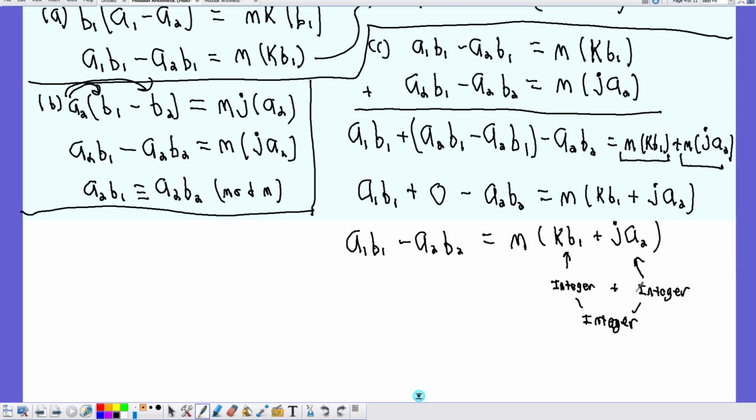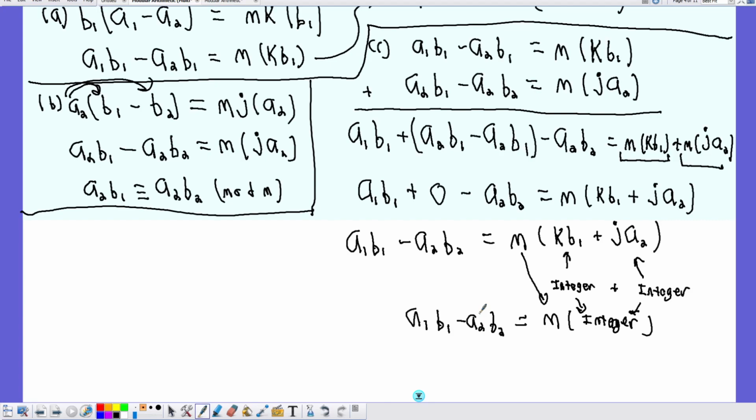And if you add two whole numbers together, you get a whole number. So this is an integer times M, and that's equal to A1 B1 minus A2 B2. And since it's an integer times M, that means it's a multiple of M.